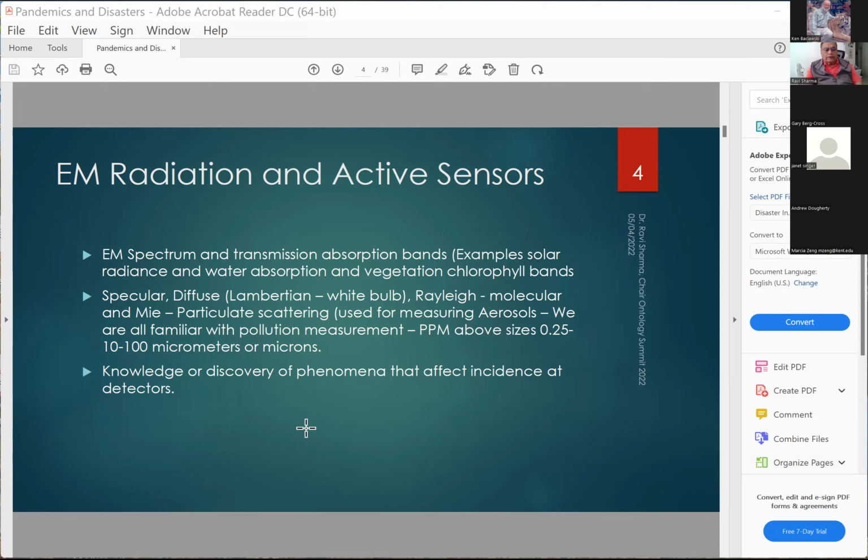Otherwise, Mie scattering has a really good cross-section. So this required a lot of knowledge.